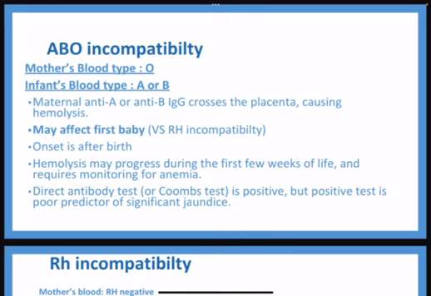So the mom will start producing antibodies, anti-A or anti-B. And we know that those are most likely of IgG subtype. We know that IgG can cross the placenta, and thus the baby will have anti-A or anti-B antibody in their body that can cause hemolysis. Okay? Usually, this doesn't affect the first baby in ABO incompatibility, okay, for two reasons or one reason.